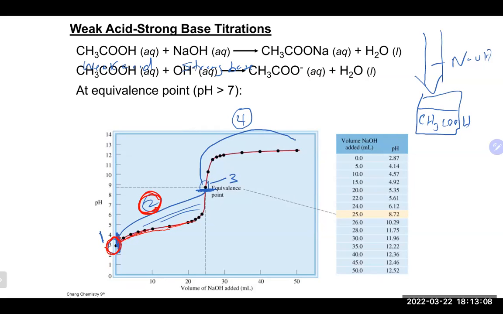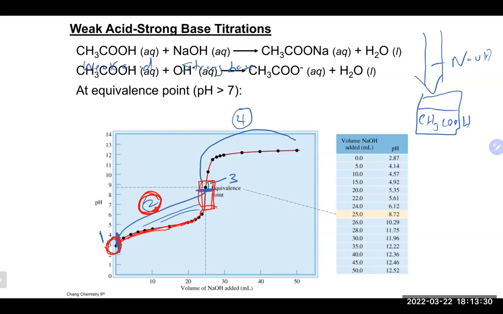So as we move through 2 here, we're buffering, and like what we talked about with buffers, at some point you're going to blow through the buffer, and that is where we see a big jump in pH to get us to the equivalence point. So we've got a buffer situation happening, but we're continuously adding our sodium hydroxide.